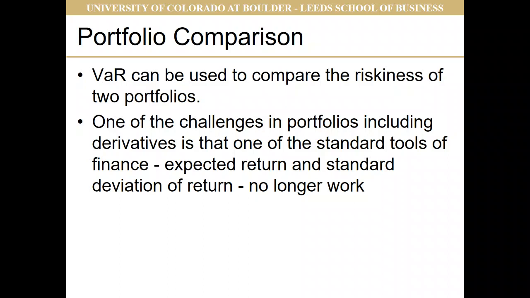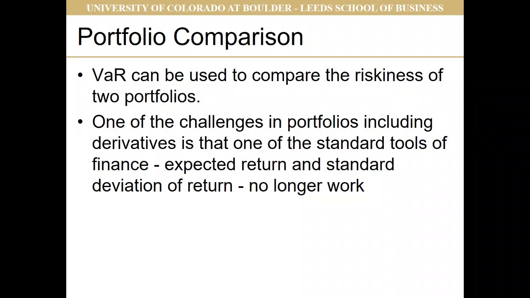Now, this is not a perfect measure, and there are plenty of portfolios that I can find which have very, very low values at risk, but lots of risk. For example, if one sells options which have a very low probability of being exercised, then that will have a very low value at risk. In fact, we can find options which have any probability of exercise we want.